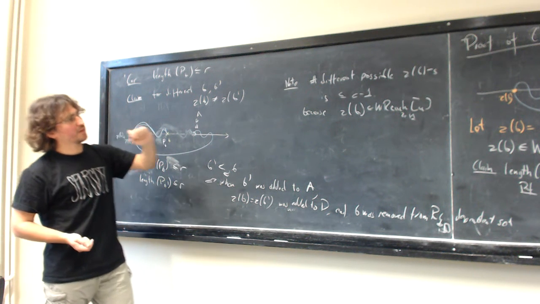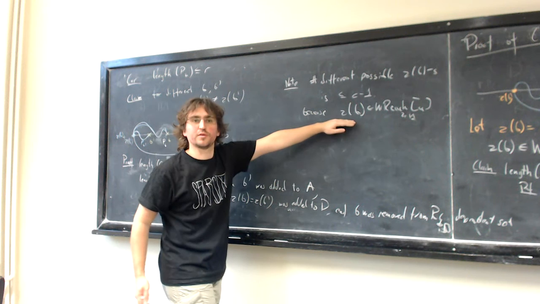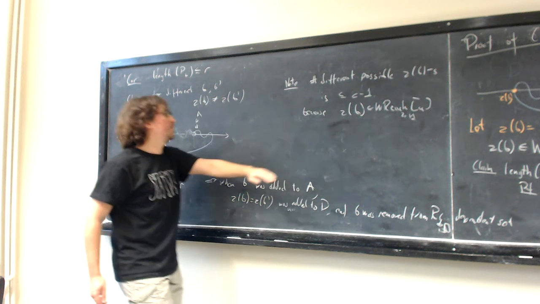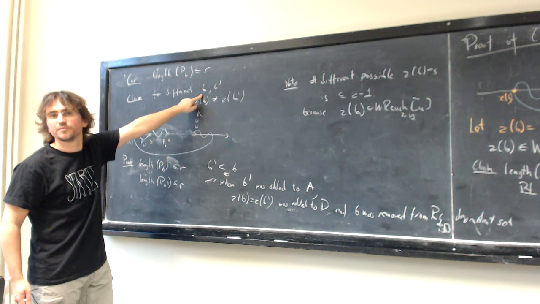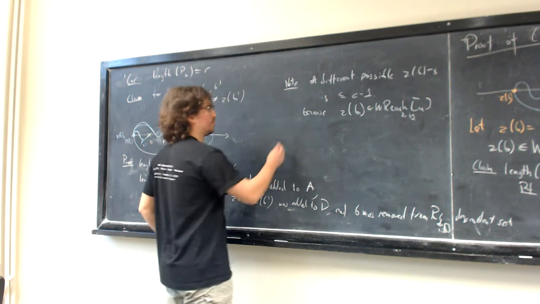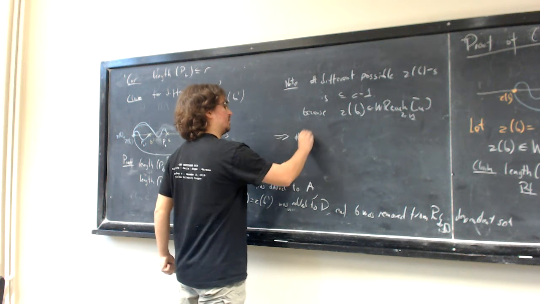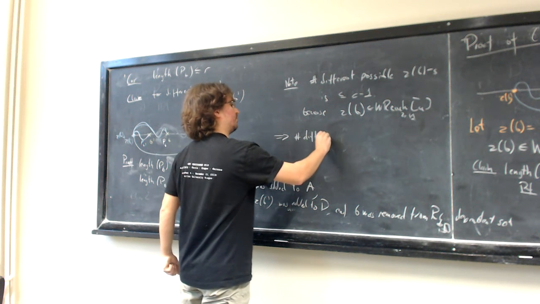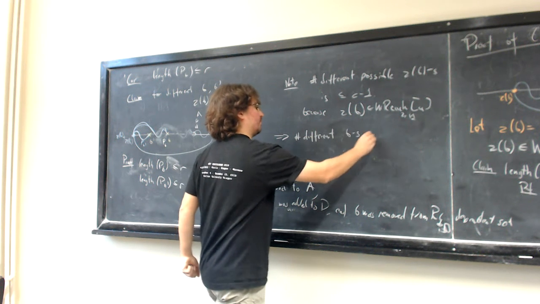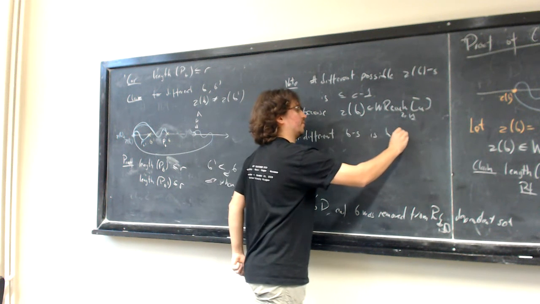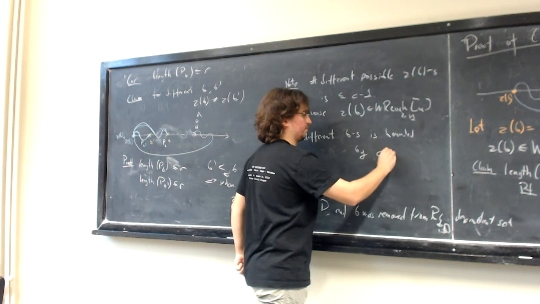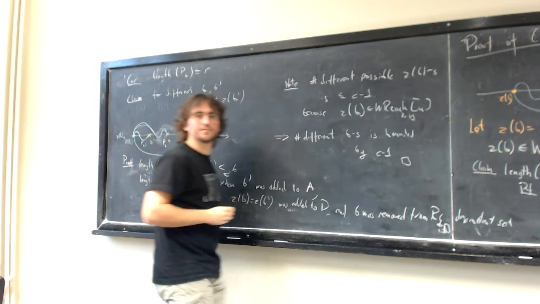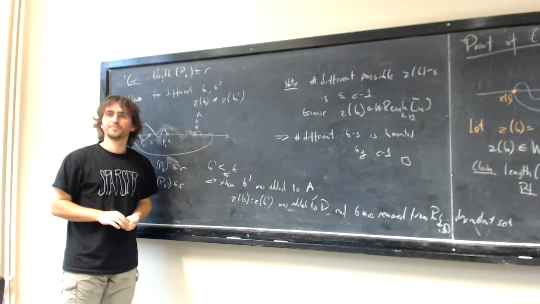So we have at most C minus 1 possible Z of B's, and each of those Z of B's gives rise to at most one B that we take into account. Yes? So this concludes the proof. Yes, is the proof clear?